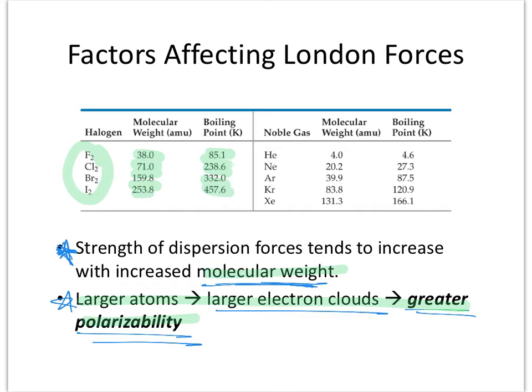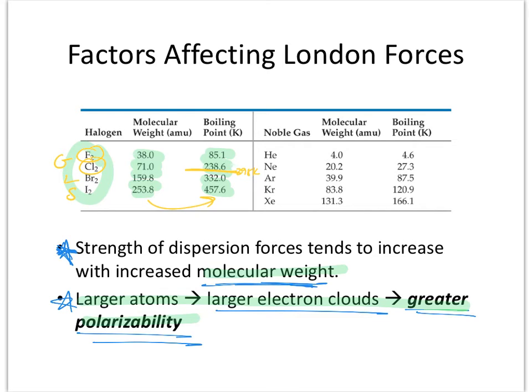Looking at the weights of these halogens and comparing them to their boiling points. Fluorine and chlorine are gases at room temperature, right? Room temperature would be about 298 Kelvin, right? Those two vaporized before that. Bromine's going to probably be a liquid at room temperature. It's one of the only liquids on the periodic table, including mercury, right?